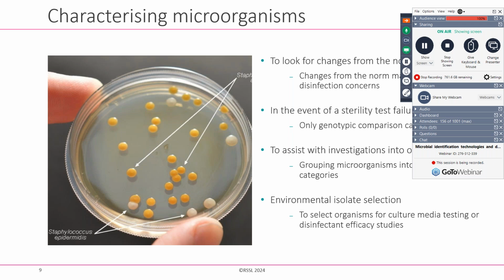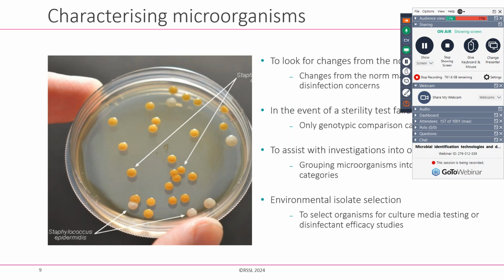There might be very serious points of contamination. So if we're a sterile products manufacturer and we have a sterility test failure, then we would need to work out the origin of that, and often we would need to deploy genotypic testing. And if we're a non-sterile manufacturer, then we're going to have particular concerns with particular objectionable microorganisms.